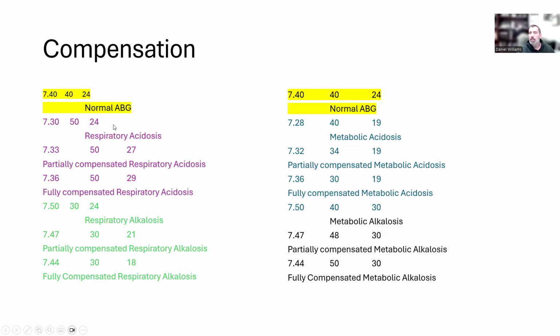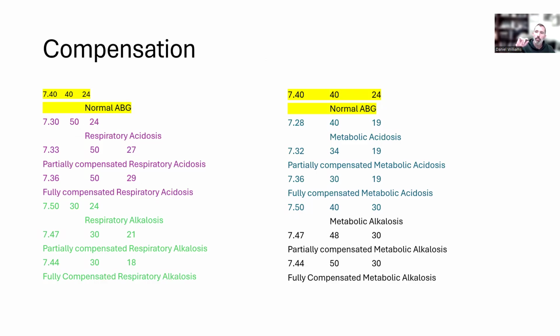So let's take a peek at a respiratory acidosis first. We know that normal is 7.40, so that's pretty much a perfect looking blood gas. I've got those highlighted in yellow at the top of each column. Start off with what constitutes a respiratory acidosis. So remember your relationships. CO2 and pH are inversely related.